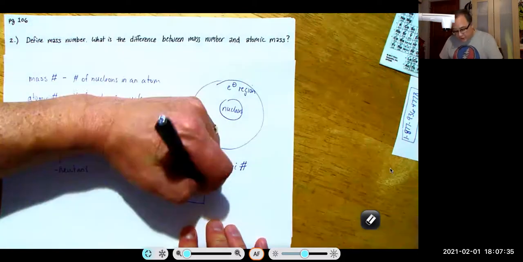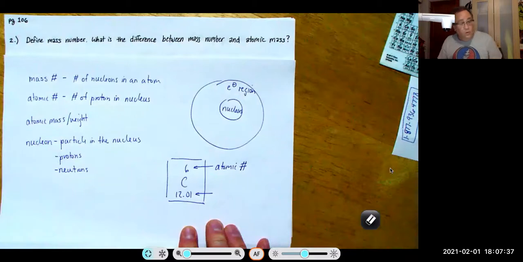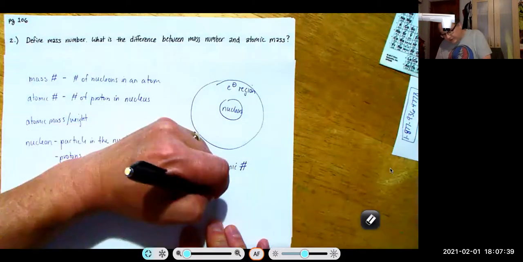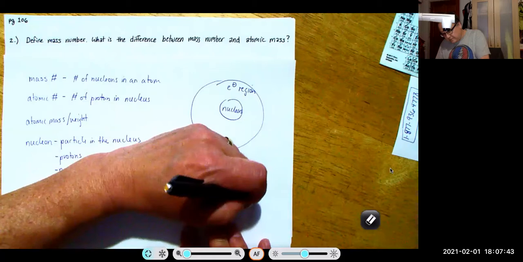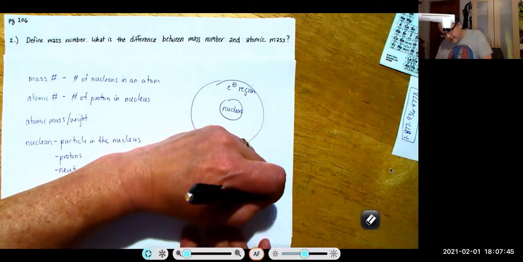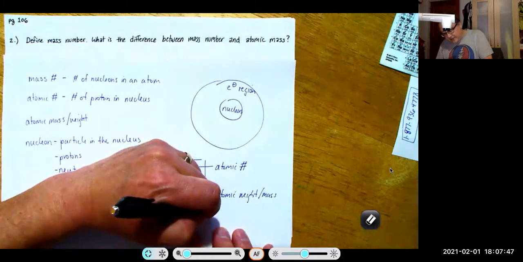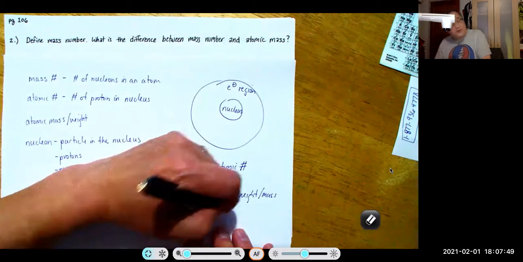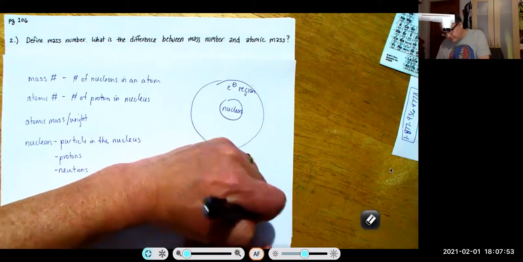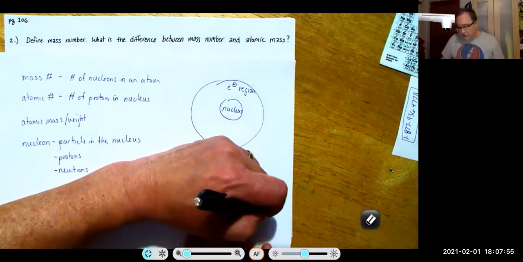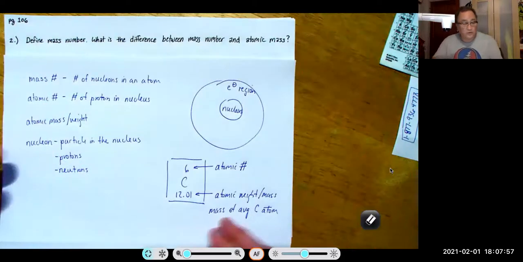This is usually considered to be the atomic weight or atomic mass. And this is the mass of your average carbon atom. And we say average carbon atom because it turns out that there's more than one carbon atom.